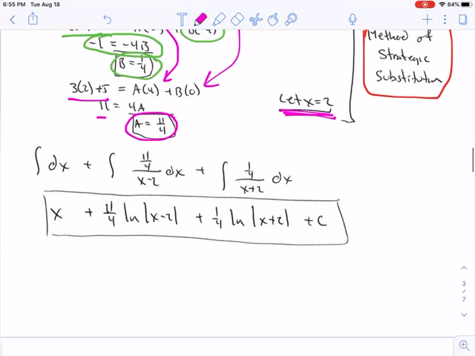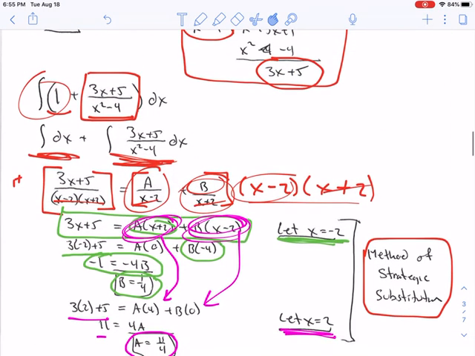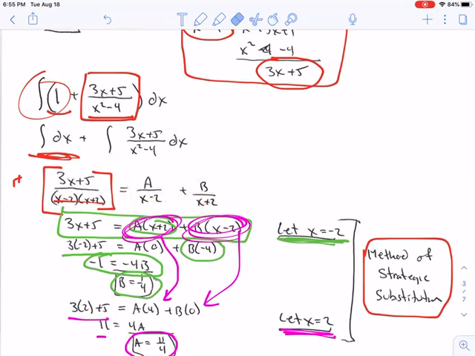which means we are going to go back to the original problem here, get rid of some of the mess. All right, so our original, this right here, we substitute in the A and the B in the numerator.